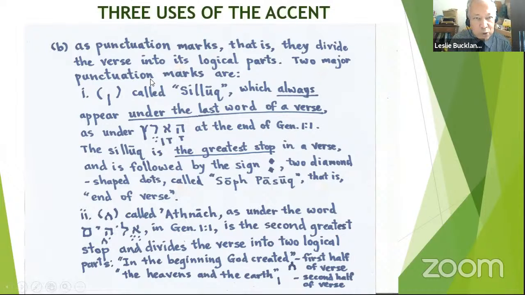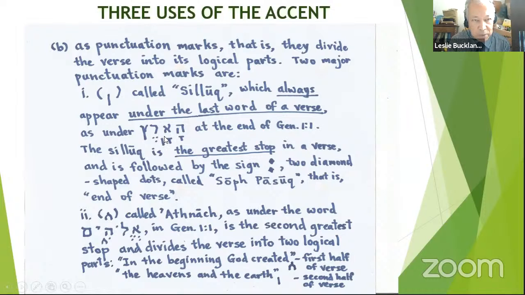Two major punctuation marks are: one, you have a short vertical line that is written to the left of the vowel. Here is the word, and there is the short vertical line written to the left of the vowel kamets, a.